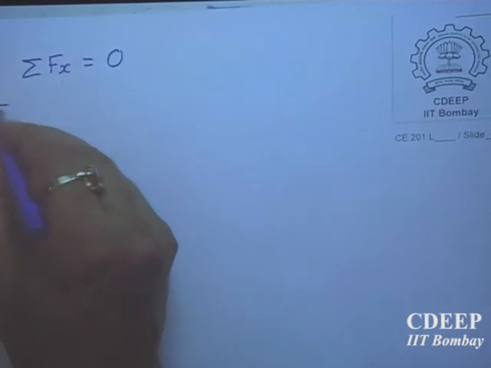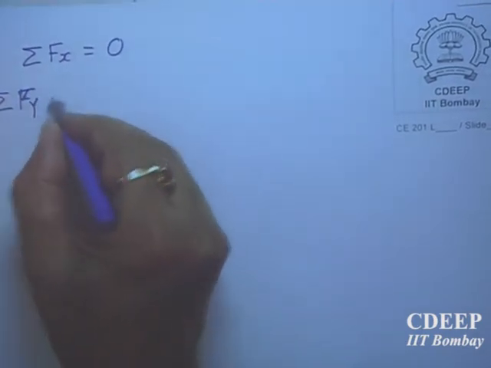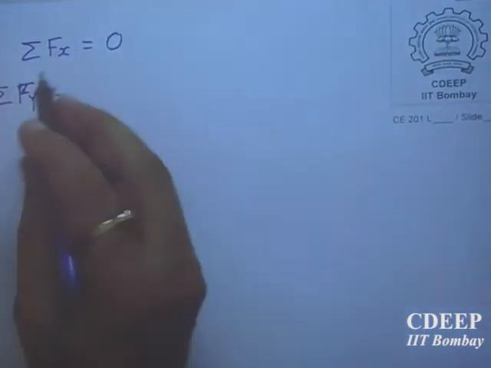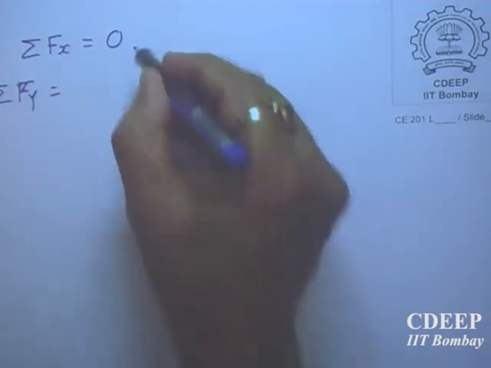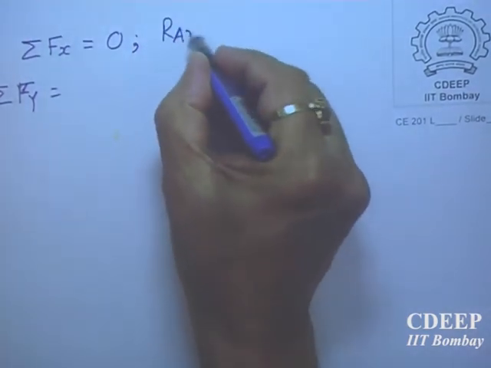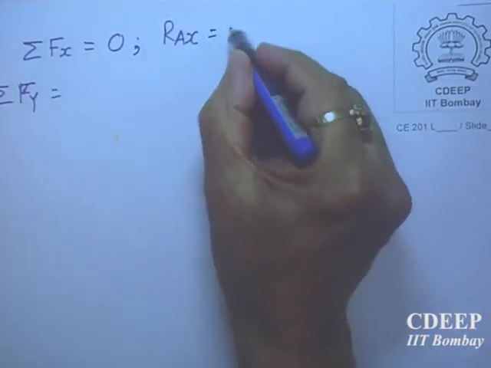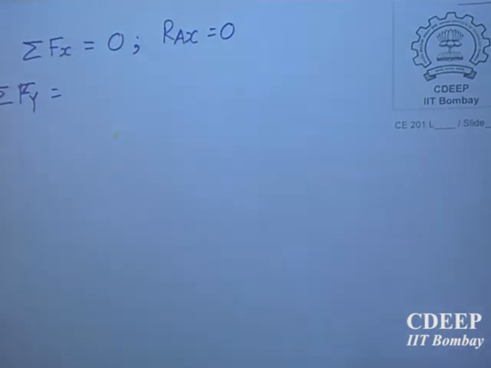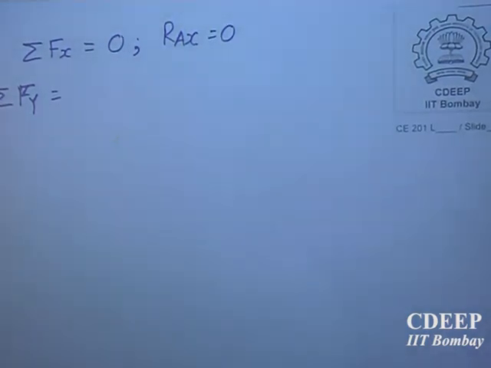Sigma of Fx, yes, RAX. There is a force at point A, and I am having only 1, so that turns out to be 0 in this problem. There is no other force.